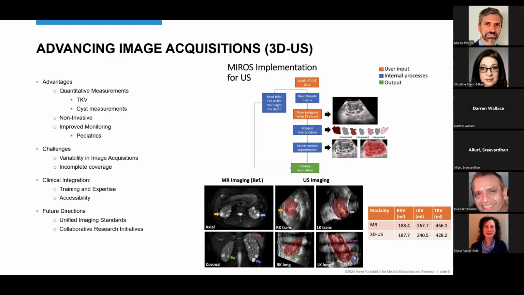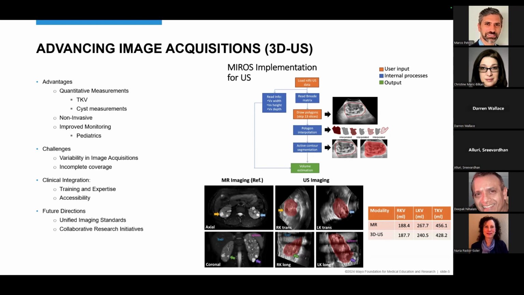Where we've moved a lot of this work to is to look at improved monitoring in the pediatric patient population. So I think that's where we might see a big impact with this type of technology, being able to hopefully get the same information from a much easier modality to scan the patients with.